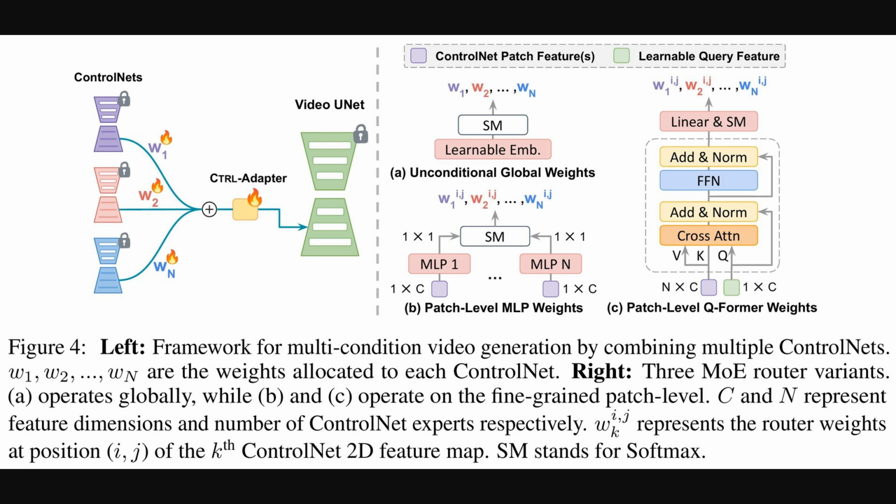A mixture of experts system is like a smart switchboard, combining different expert inputs. They tested various router designs, some using multi-layer perceptrons, or MLPs, which are simple neural network layers, or even Q-formers, a type of attention module, to manage these combined controls effectively.